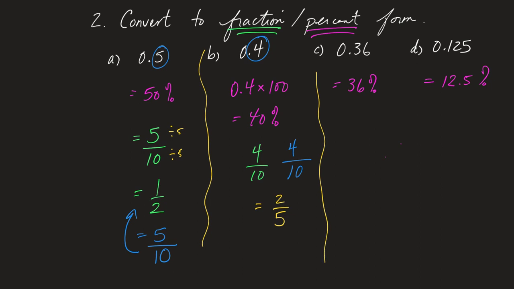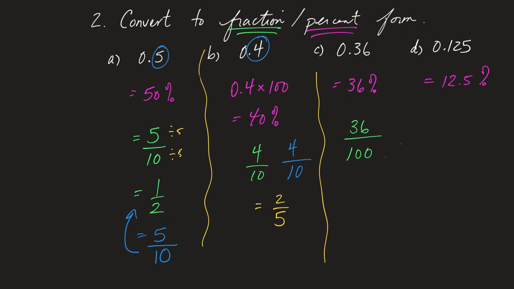Okay, as I said, I'm going through all the problems. You pause it at any point where you think you're comfortable to try on your own. Okay, I'm going to jump into C. I have 0.36. Fractions don't have decimals. So, I have 36. 36 what? Well, that last decimal place is in the hundredths column, so I write it over 100.